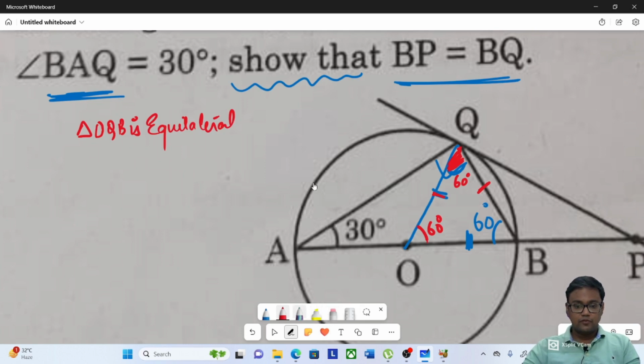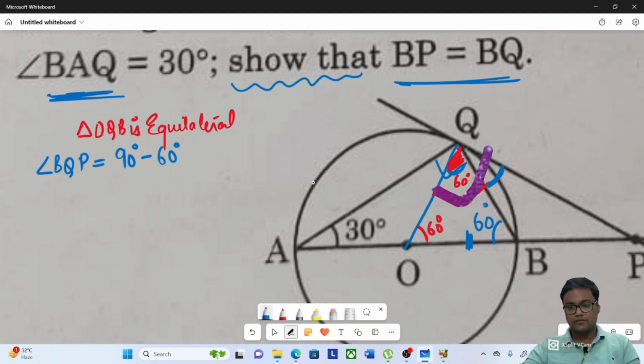One more thing, children, we know from the concepts of chapter circle that the angle between the radius and the tangent is a 90-degree angle. So if I subtract 60 degrees from this 90 degrees, I may get this angle which I want, that is BQP, right? So angle BQP is equal to 90 degrees minus 60 degrees, so this turns out to be a 30-degree angle, right?